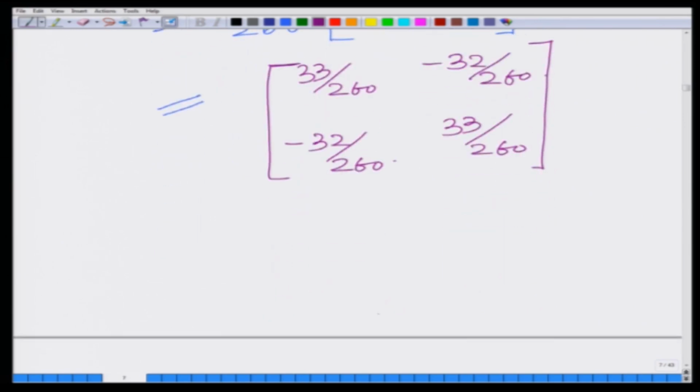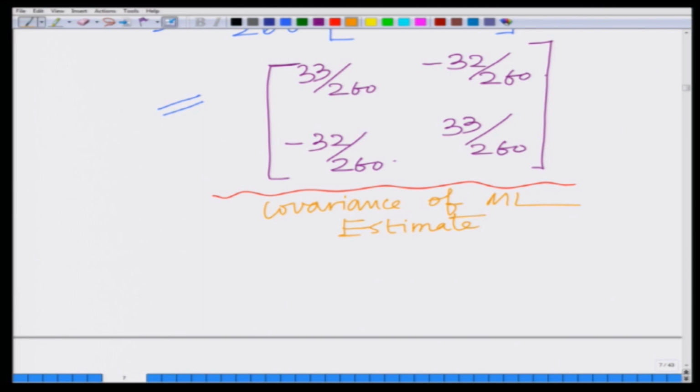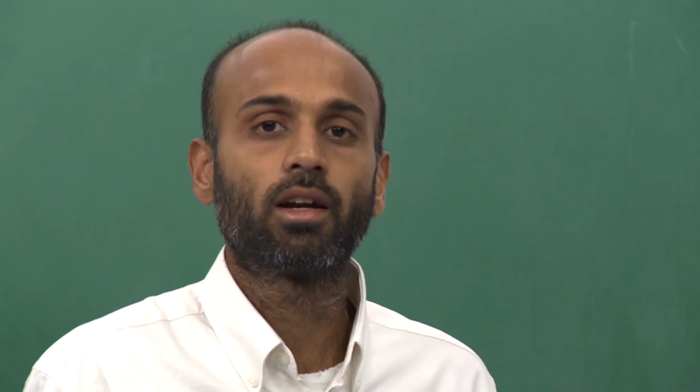What is this? This is the covariance matrix, the covariance of the maximum likelihood estimate, which we have calculated as sigma square x transpose x inverse.